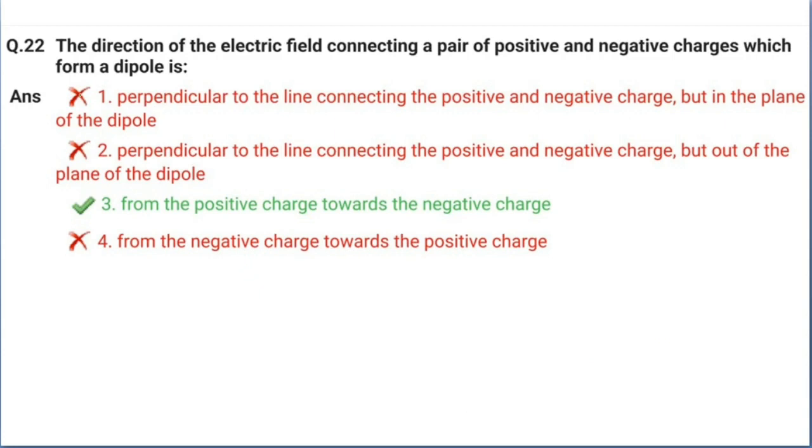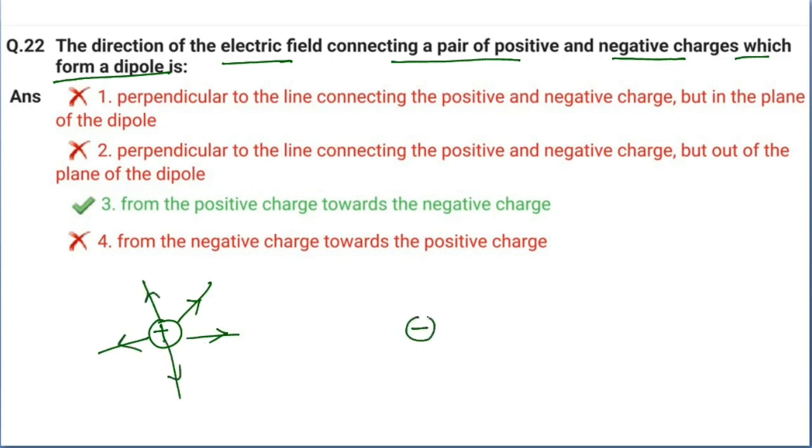Question number 22. The direction of the electric field connecting a pair of positive and negative charges which form a dipole is. If a charge is positive, then the direction of the electric field is away from the charge. If a charge is negative in nature, then the direction of the electric field is towards the negative charge.